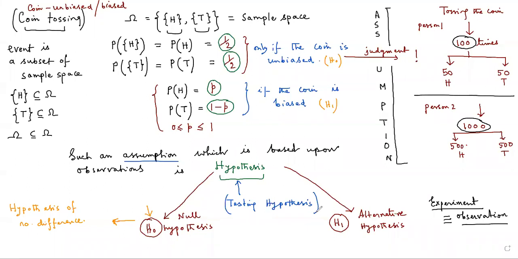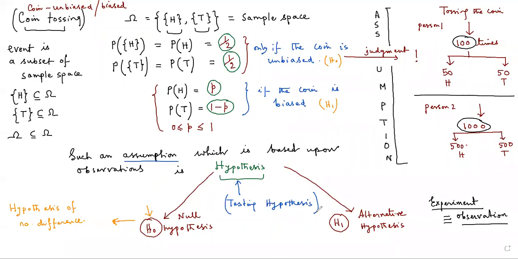Once the hypothesis that the coin is indeed unbiased comes out to be true, then we can say the probability of head will be half and the probability of tail will be half. That means we are not calculating it. Actually, we are assigning the value half to H and half to T. That's what happens in this kind of thing.